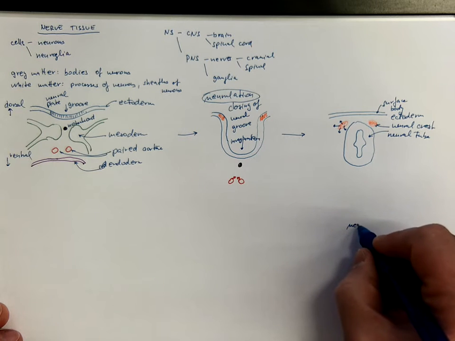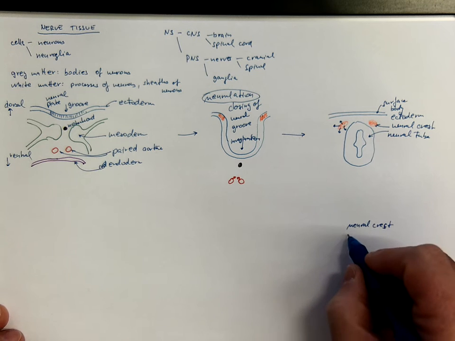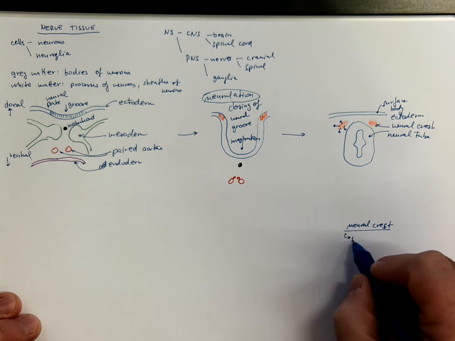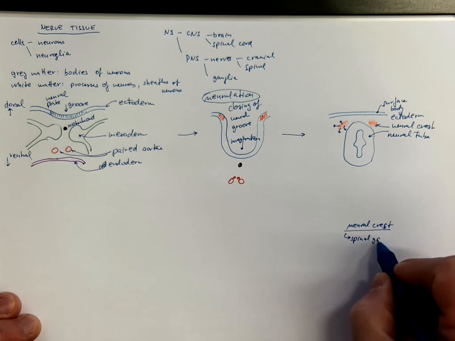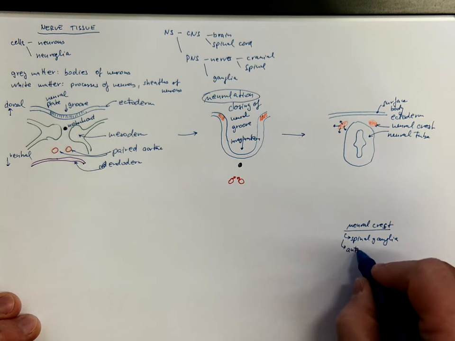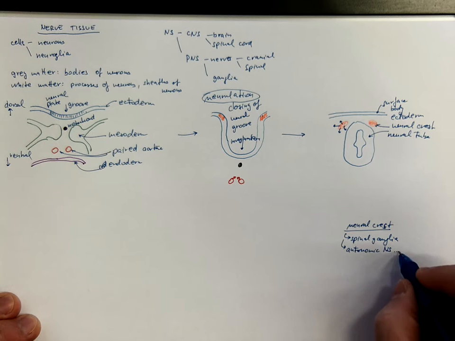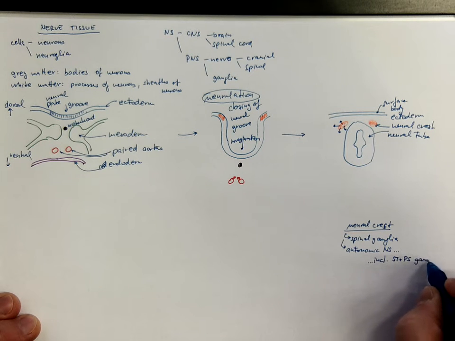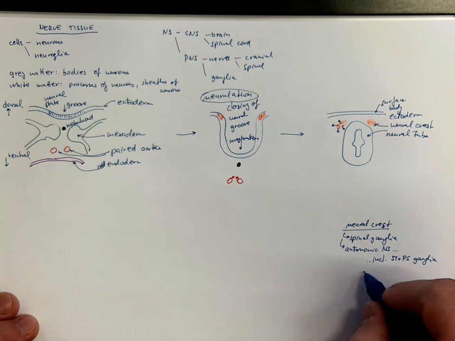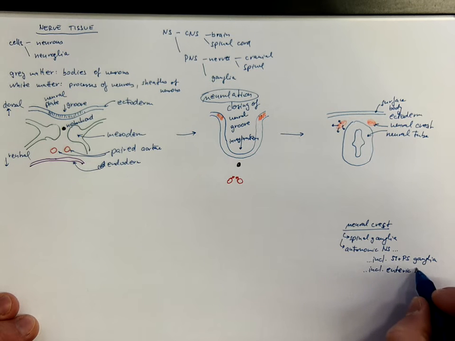So the neural crest will differentiate into structures such as spinal ganglia, and the autonomic nervous system, including sympathetic and parasympathetic ganglia, including the enteric nervous system.